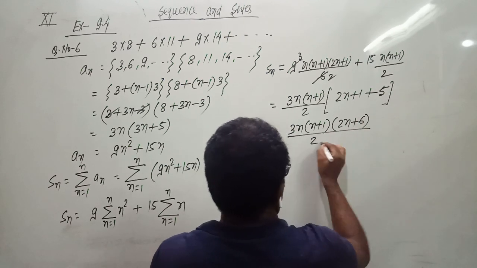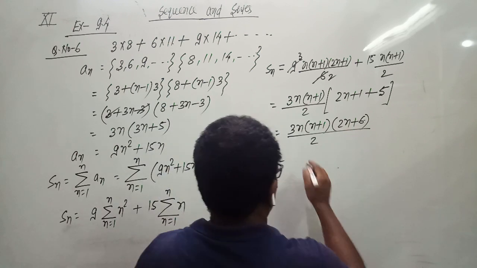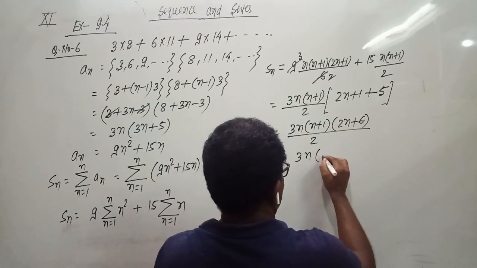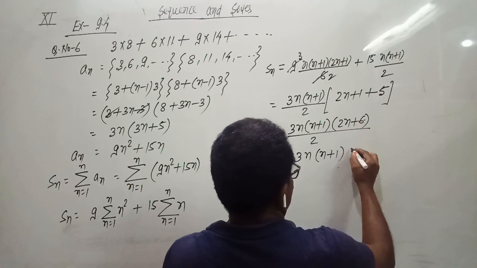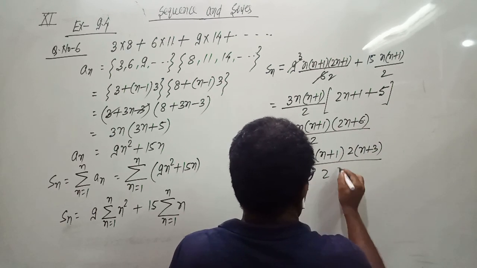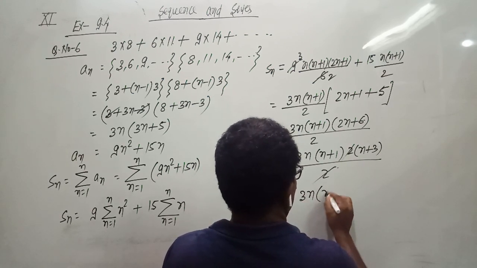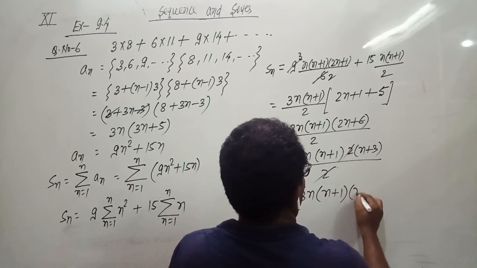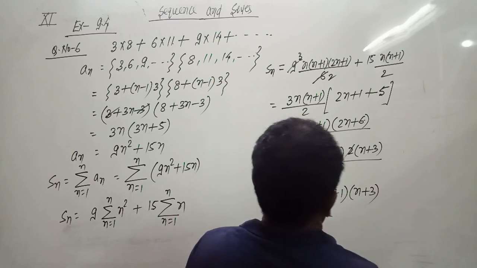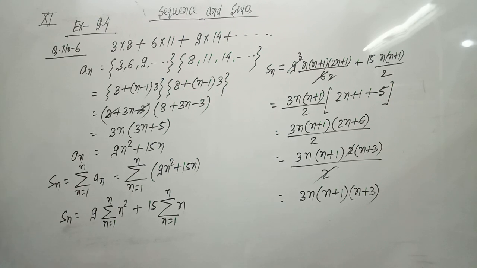From these two terms, we take 2 as common. So 3n into n plus 1, and taking 2 as common, n plus 3 upon 2. 2 and 2 cancelled, and the result comes to be 3n into n plus 1 and n plus 3.